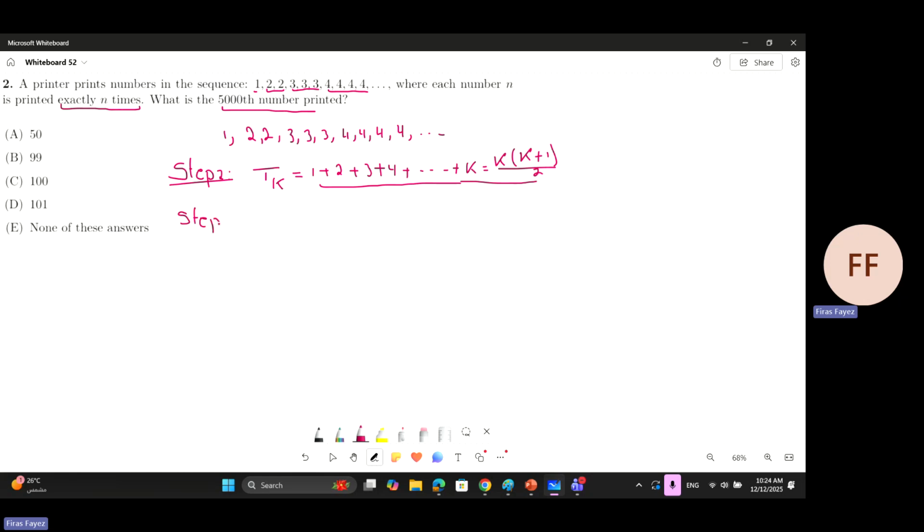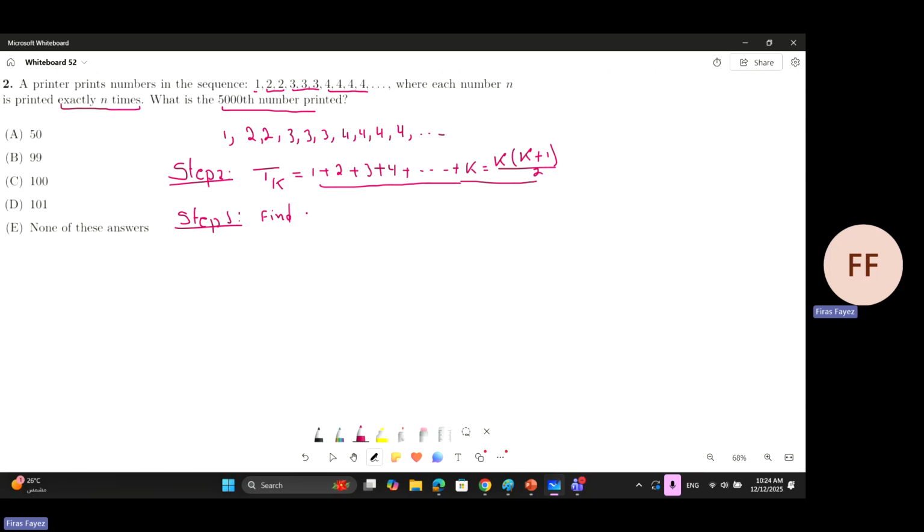In step number three, this is the most important. You have to find the largest k such that the cumulative sum is less than 5,000. So pay attention. What is the 5,000th number printed?